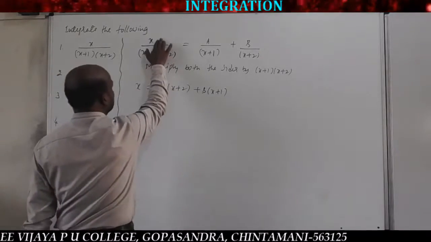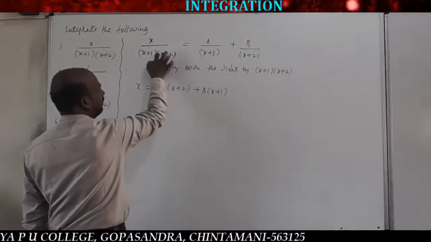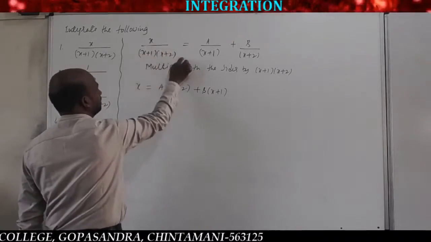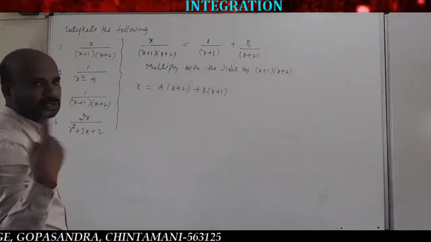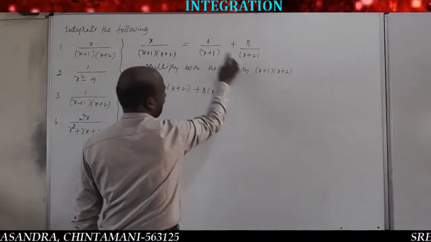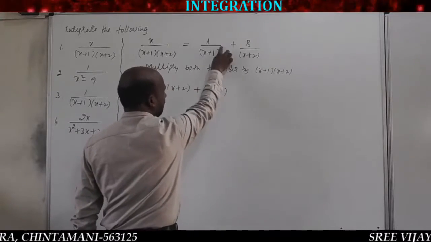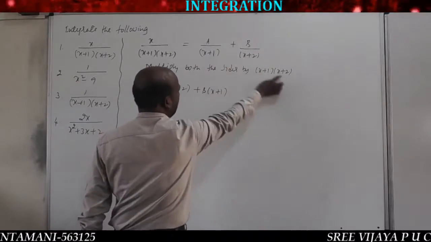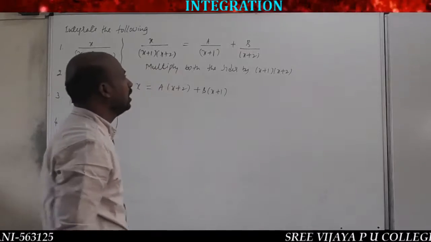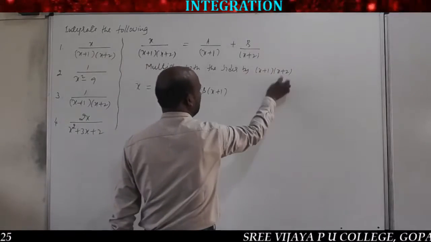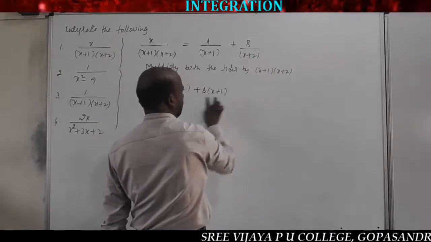For the first term, the denominator term cancels and you get only x. In the RHS, for the first term, x plus 1 is eliminated and you get x plus 2. Similarly, for the second term, you get x plus 1.